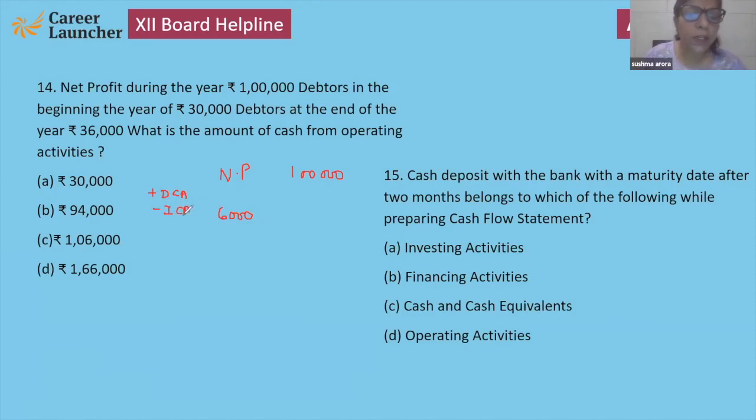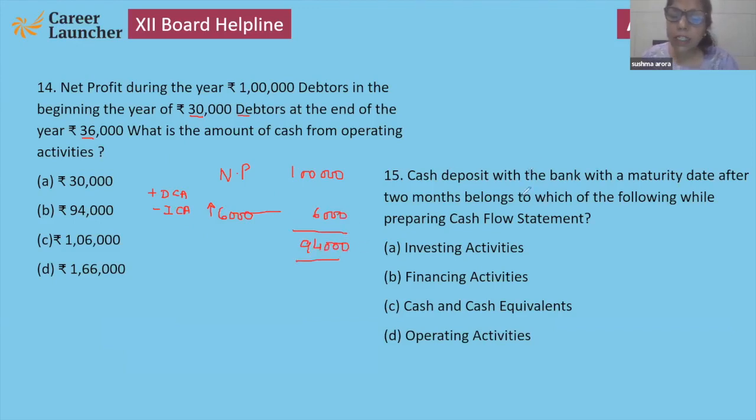That I explained earlier also. ICA means increase in current asset. So debtors are a current asset that has increased. How can you say that it is increased? Because in the beginning it was 30,000, at the ending it was 36,000. It means 6,000, so that is to be minus. So your answer will be 94,000.